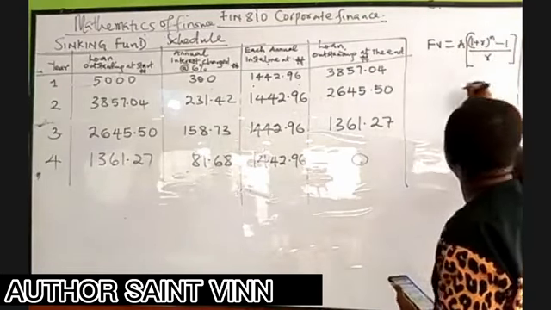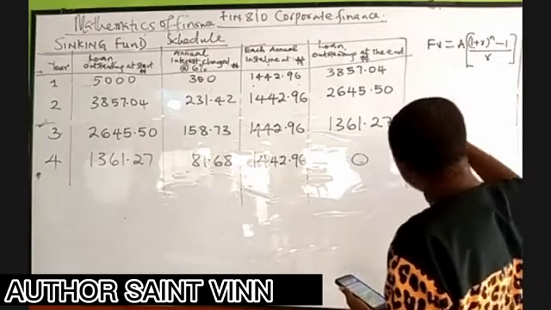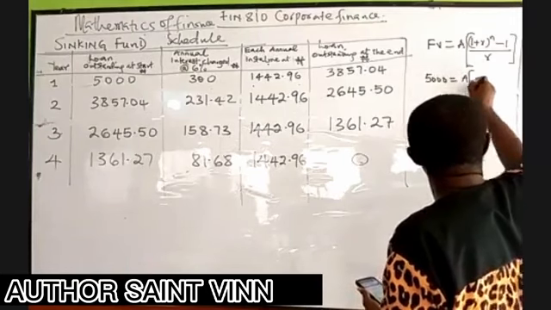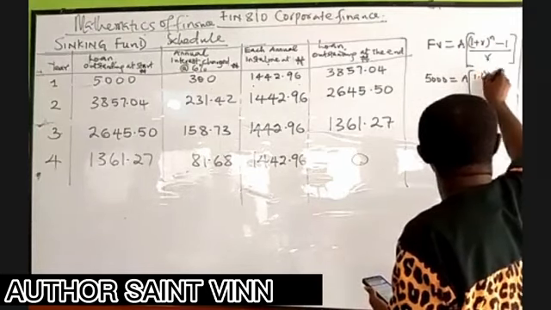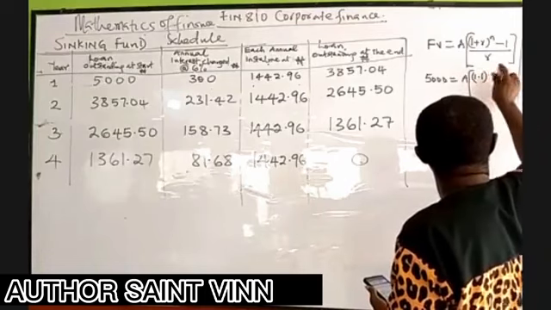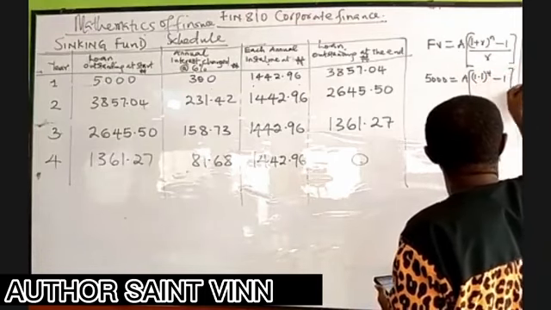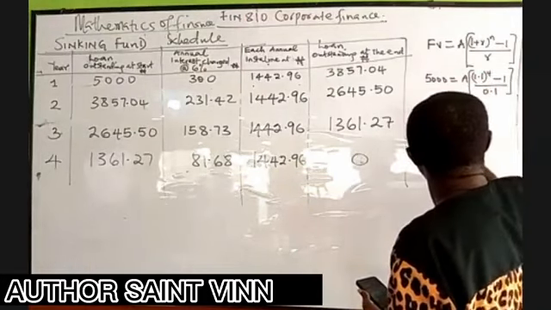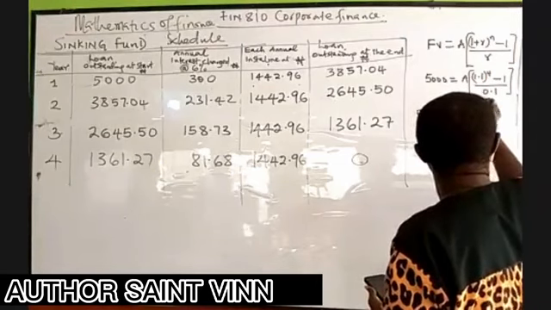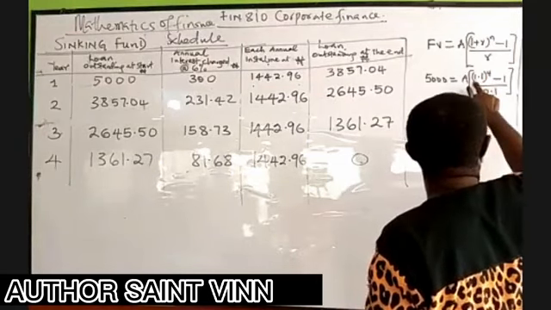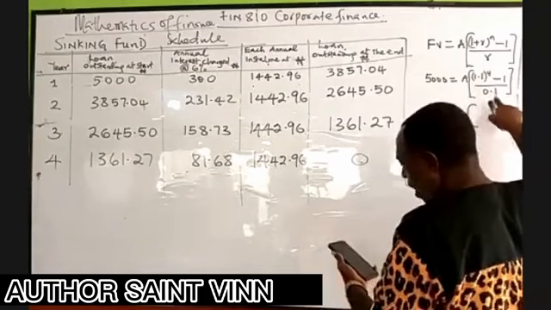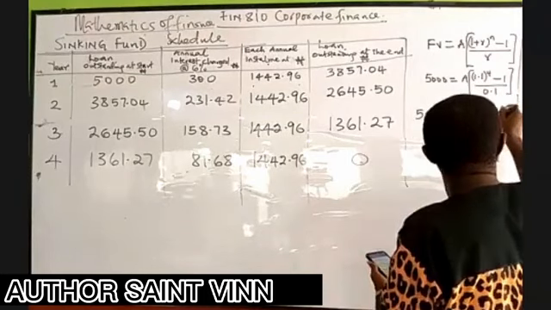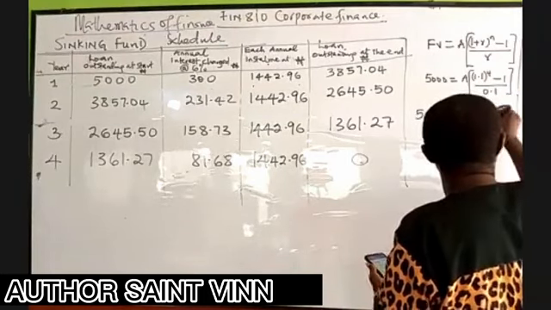Make sure you remember. So future value, we want to realize this, is 5,000. A times (1.1 raised to power 4 minus 1) all over 0.1 equals 5,000. That gives us 4.641.